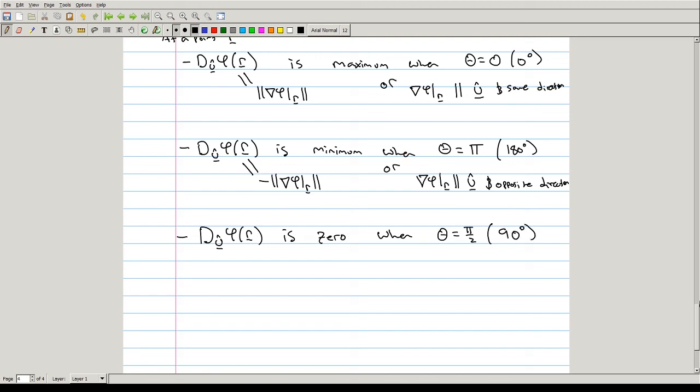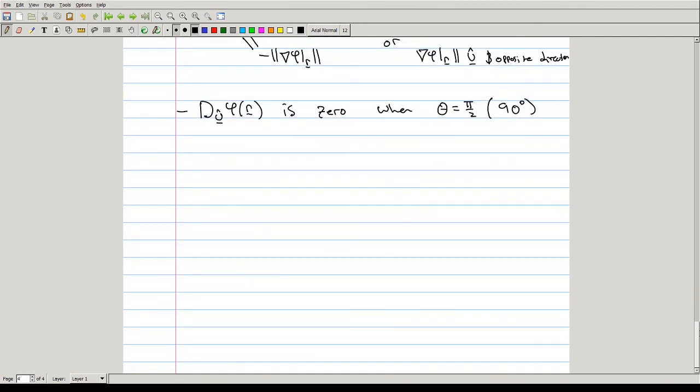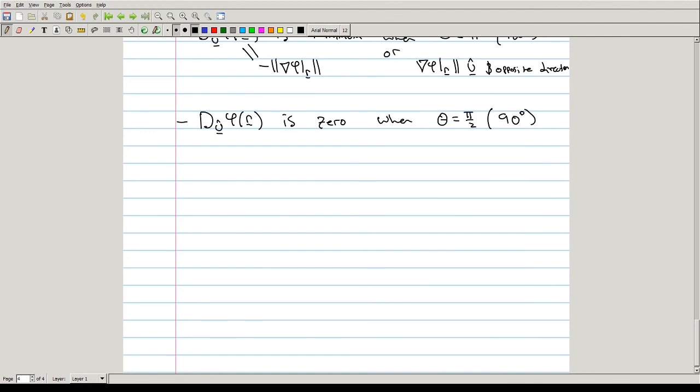So if you look at the directional derivative in the direction perpendicular to the gradient vector, that result will always be 0. And so it's 0 when theta equals pi over 2, or the gradient vector of the function phi at the point r is perpendicular to the direction vector u hat.